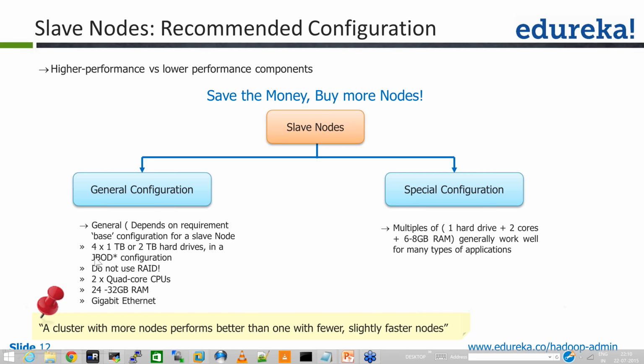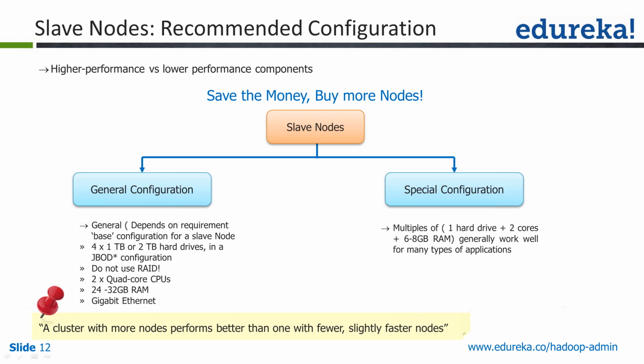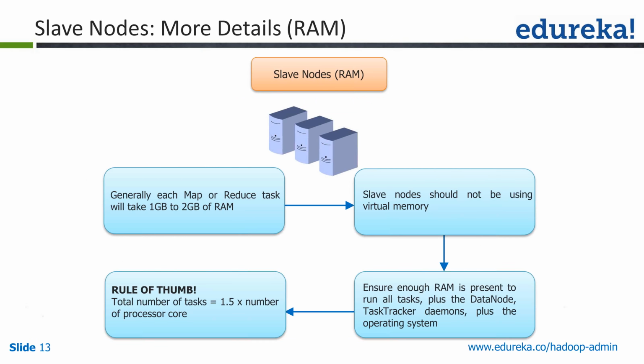So it's good practice to use more nodes, but it has its own challenges as well. It takes a lot of space in the data center, and there are networking aspects, and challenges in the cluster and node decommissioning process. But from a performance perspective, you will see some organizations using these special configurations.